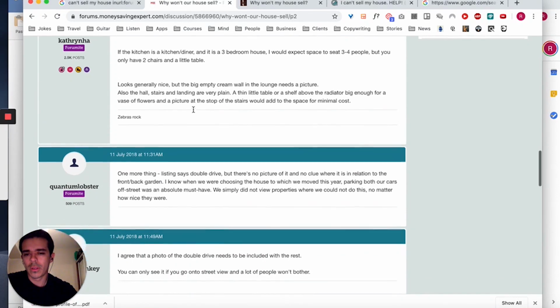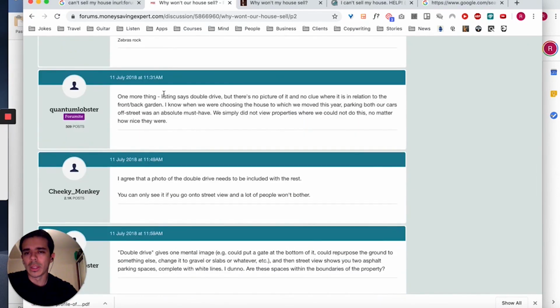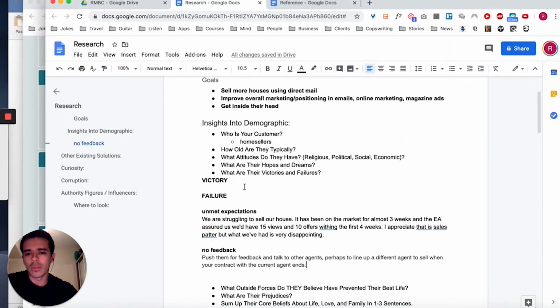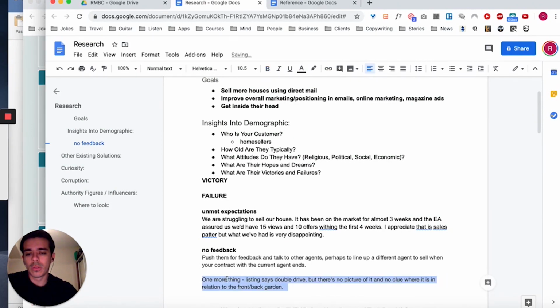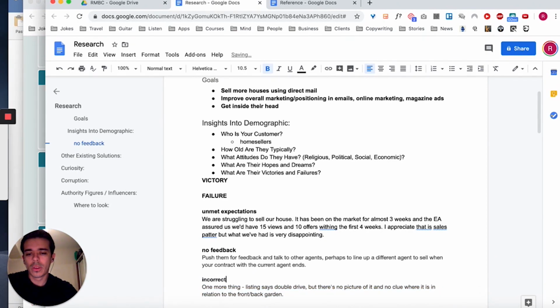The listing says double drive, but there's no picture of it and no clue where it is in relation to the front or back garden. I know when we were choosing the house to which we moved this year, parking both of our cars was an absolute must-have. So I would say failure would be incorrect listing details.